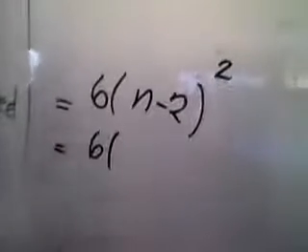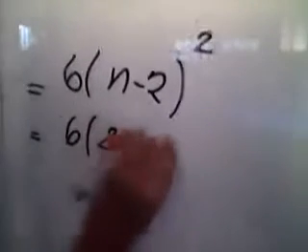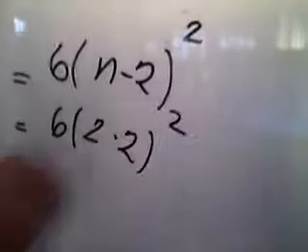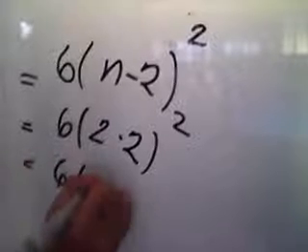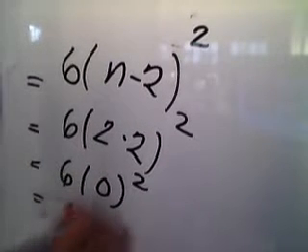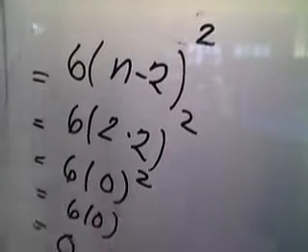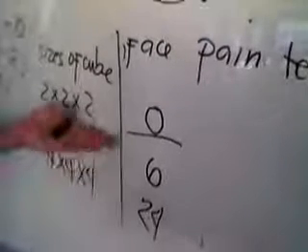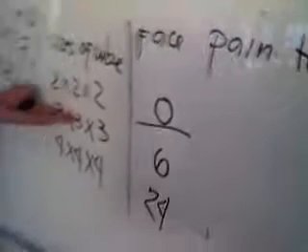So for a 2 by 2 by 2, 6, then substitute 2 minus 2 squared. 2 minus 2 is 0, squared, then 6 times 0 is equal to 0. So there is no cube with one face painted in a 2 by 2 by 2 size of cube.